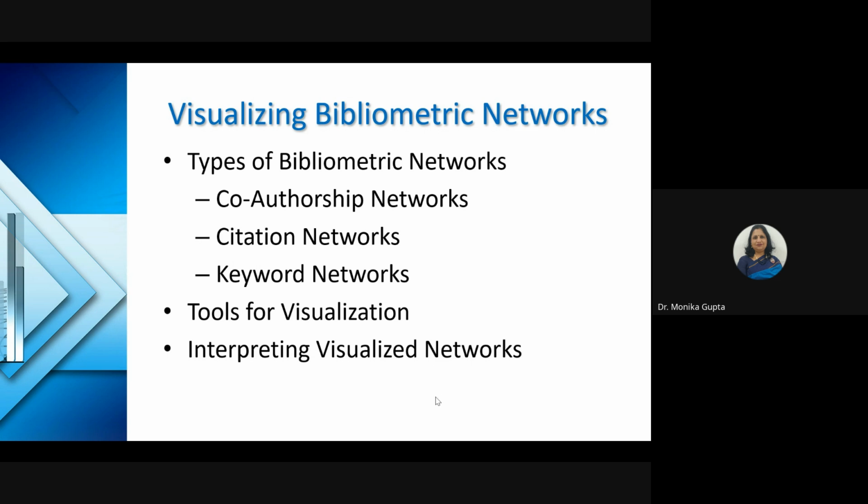Tools like VOS Viewer are invaluable for creating these visualizations, making complex data more accessible and easier to interpret. So we will cover different types of bibliometric networks, the tools used for visualization, and how to interpret visualized networks to inform the research.